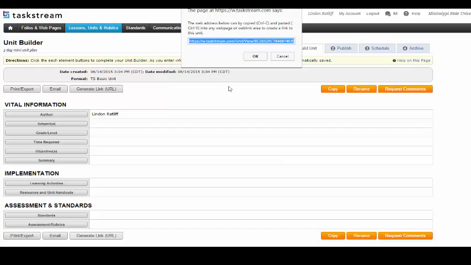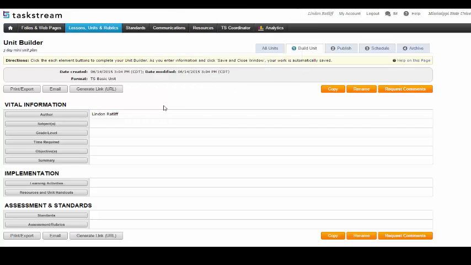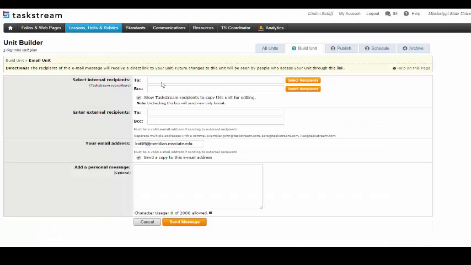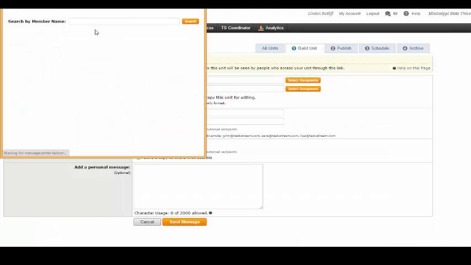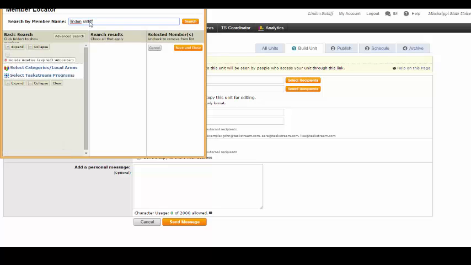Simple as that. Or if you want to make it even more complicated, you can click on Email this. It says select to whom, and you would just type in my name. And there I am.